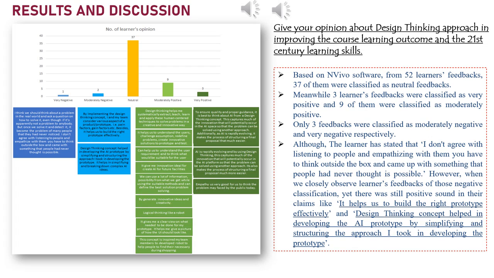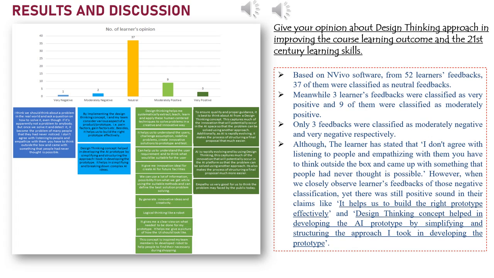We believe that the statement of the learner with the very negative sentiment led to the 3% of strongly disagree perceptions. The learner stated, "I don't agree with listening to people and empathizing with them. You have to think outside the box and come up with something that people had never thought is possible."